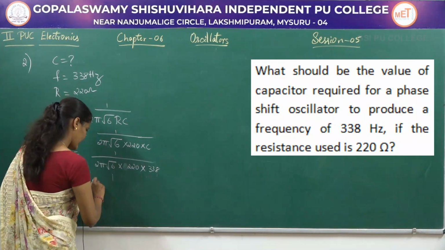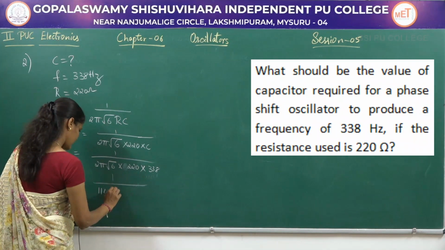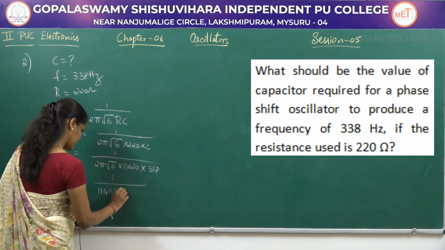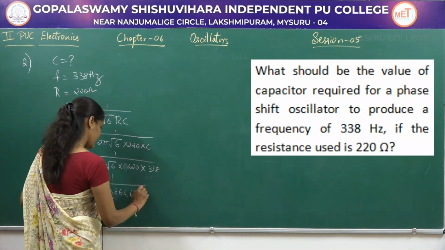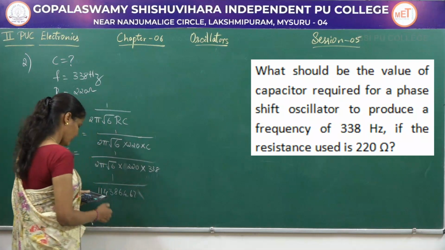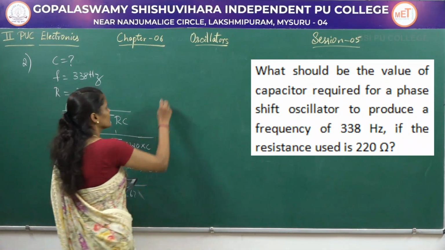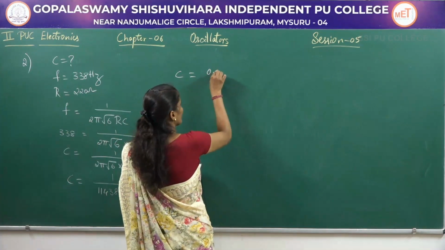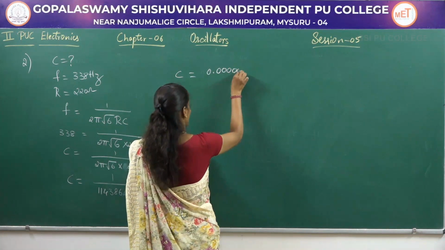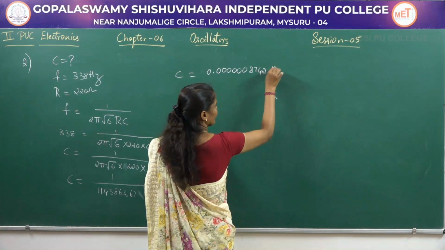So I will be getting 1 divided by 1143864.67. So C is equal to 1 divided by that, the answer gives me 0 followed by 6 zeros 8742 farad.